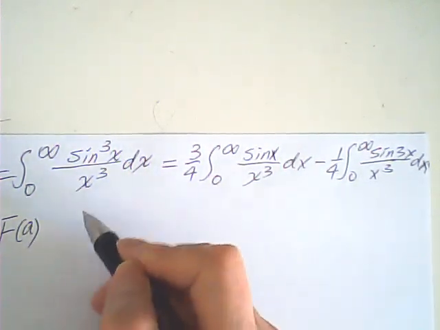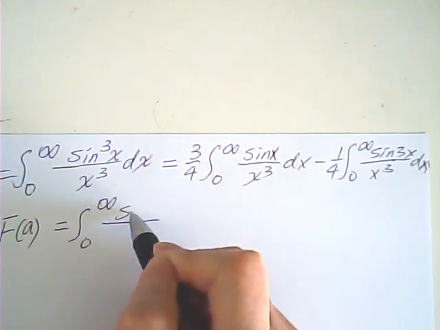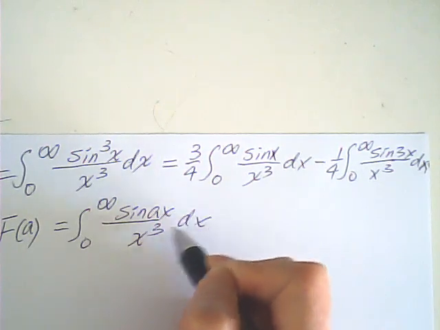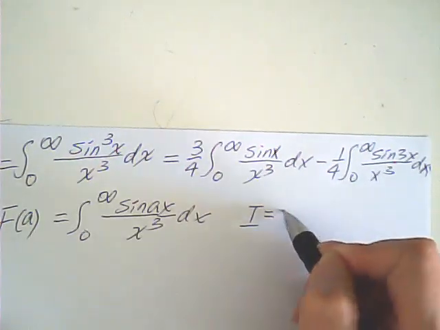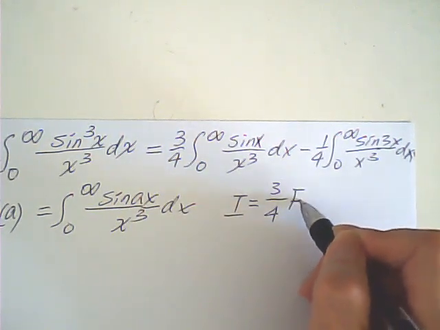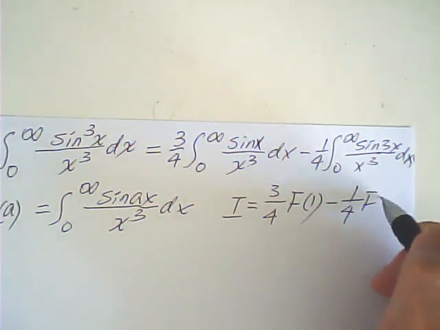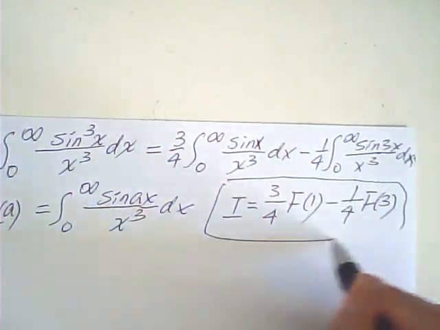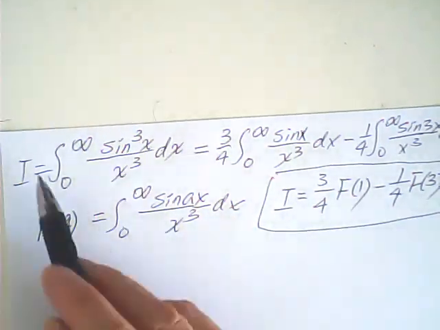If I let f of a equal to the integral of sine ax over x cubed dx, if this is my f of a, then my I is simply 3/4 of f of 1 minus 1/4 of f of 3. See, this is my idea. Once I find f of a, I find the integral I.